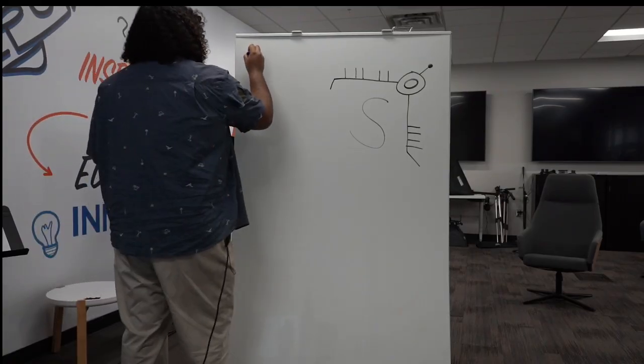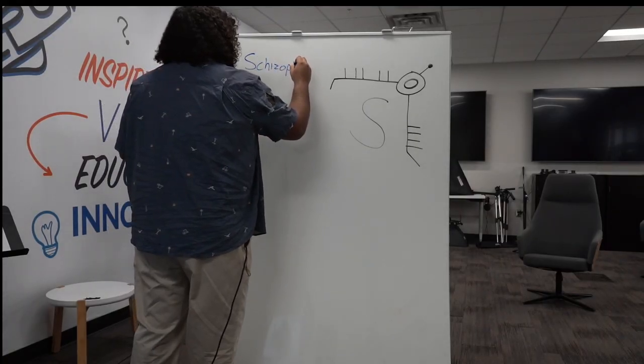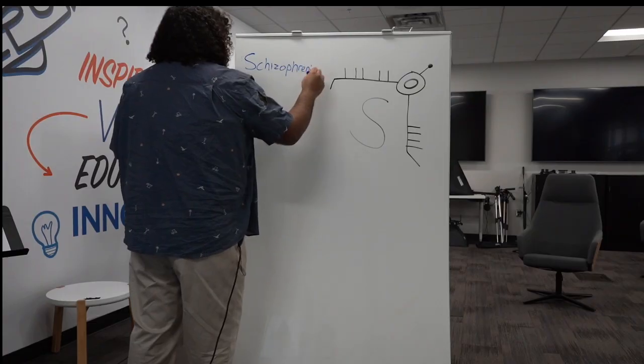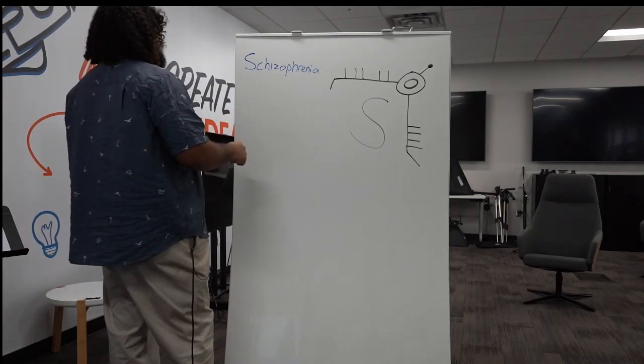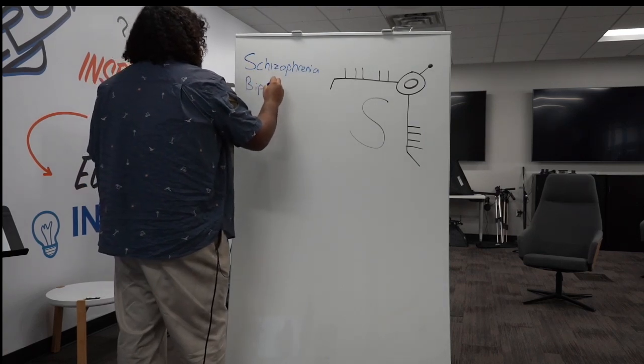So we have schizophrenia, which has a bunch of its own subtypes. We have the bipolar or the mood disorder, so go with bipolar disorder.